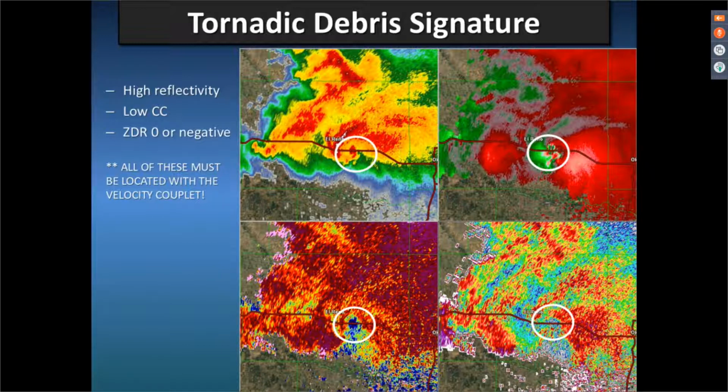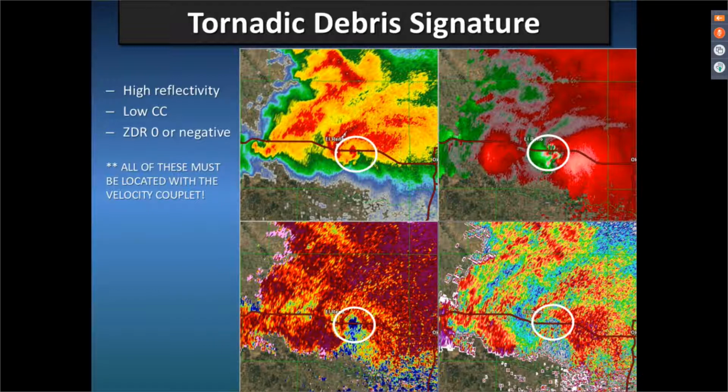Then at the bottom left, you can see we've got a ball of blue CC, which is very low CC, 40, 30% or 0.4, 0.3. And then on the bottom right, we've also got ZDR that's well below zero, probably -1 or -2. All four of those are co-located on top of each other. So we know that has to be tornado debris in the atmosphere.